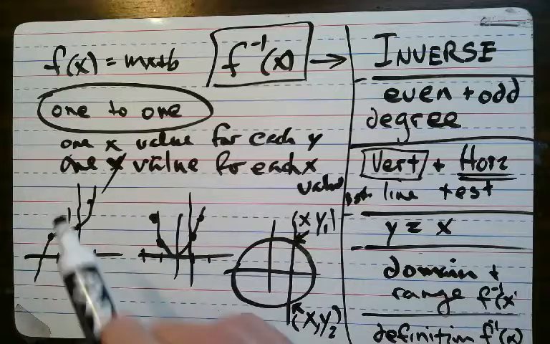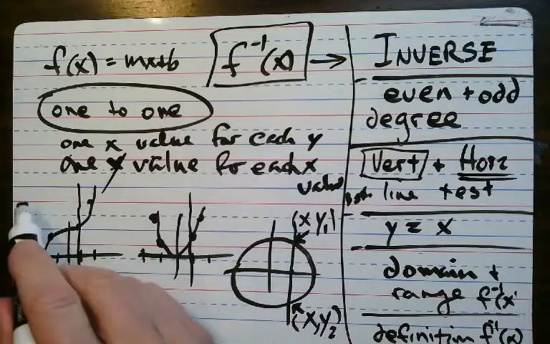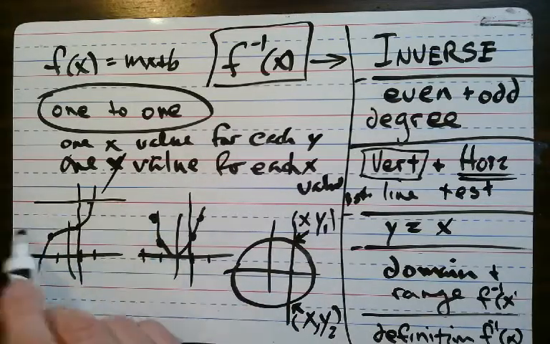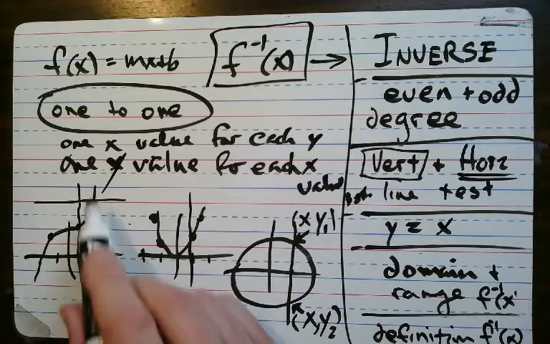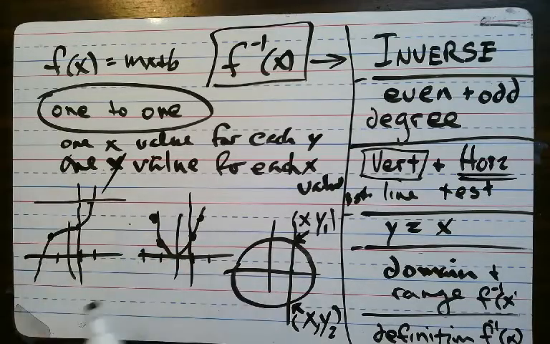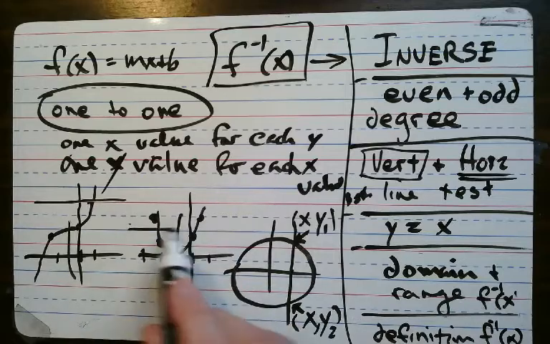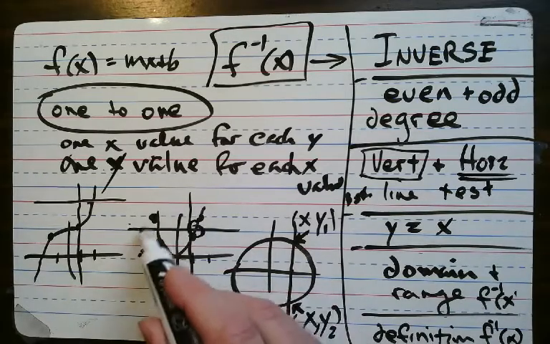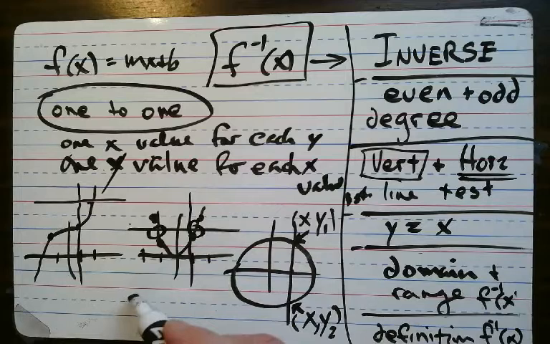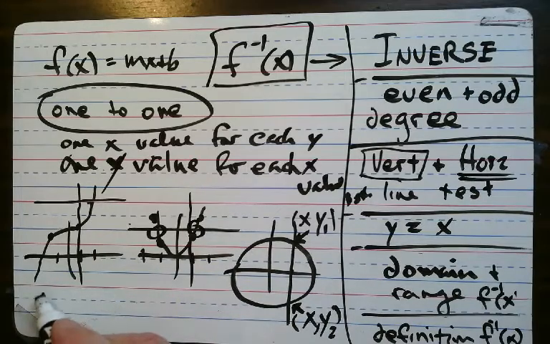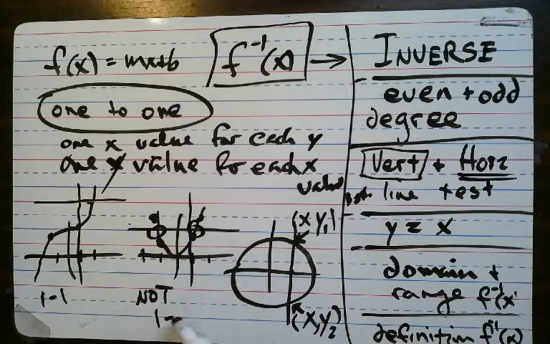So this one right here, if I draw the horizontal line test here, it crosses one time. No matter where I draw it, it only crosses this graph one time. But on this parabola, it crosses twice. This guy is one-to-one. This guy is not one-to-one.